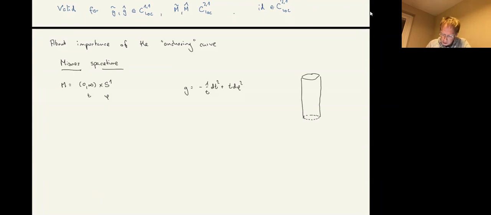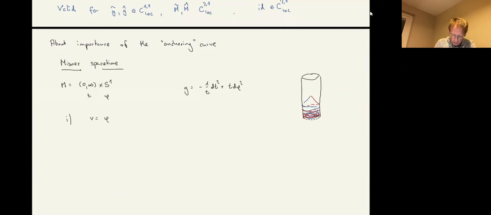We have these two families of null geodesics, the past right-going ones, and what you can see is that they wrap infinitely often around the cylinder when they approach t equals 0. Similarly for the past left-going ones. And so the first extension which you can construct is by straightening out the left-going null geodesics.